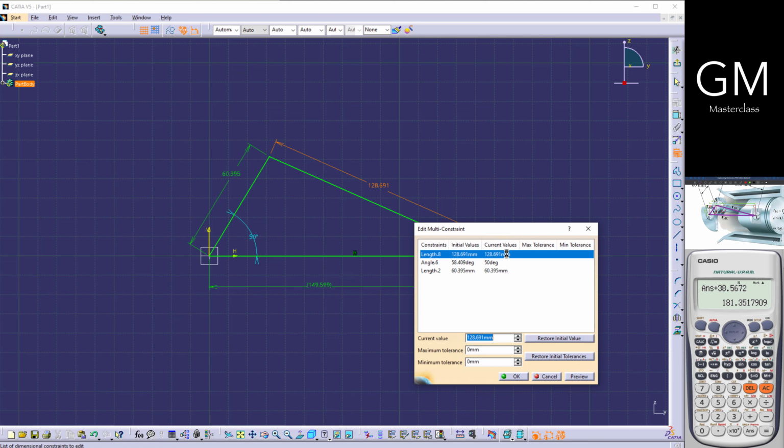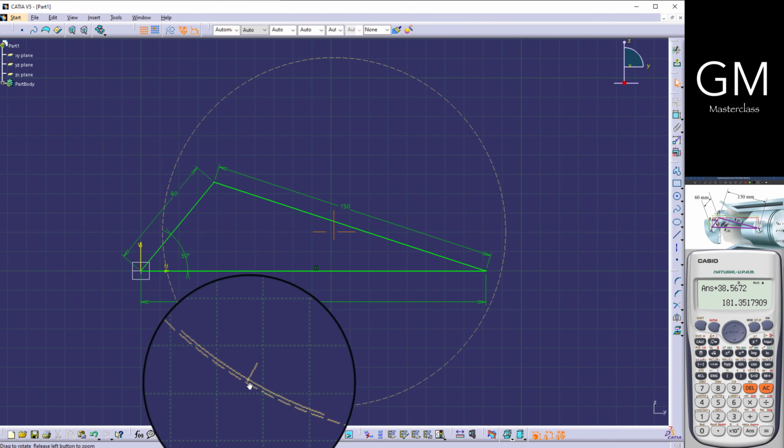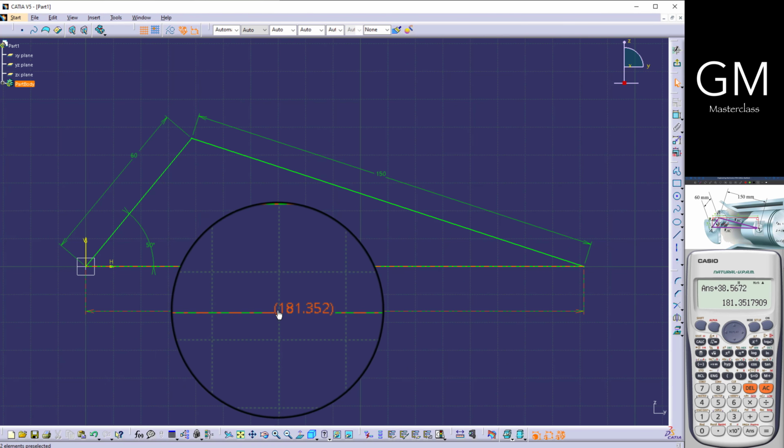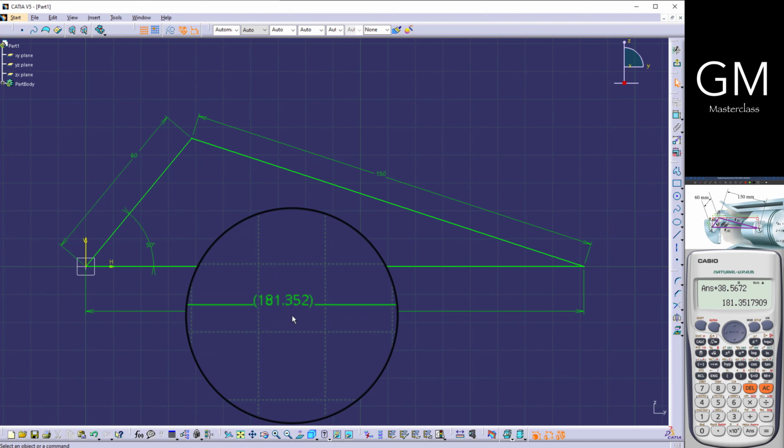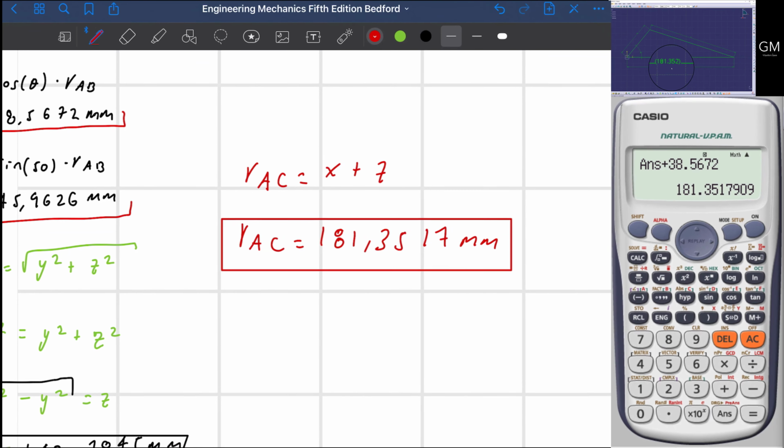This length is 150. And this length is 60 millimeters. Okay. And as you can see right here, I have the answer. 181.352.